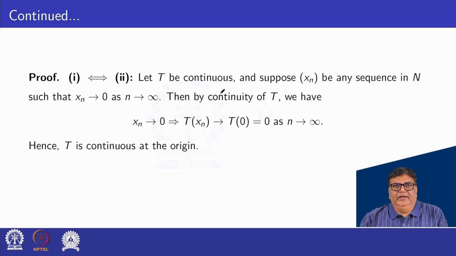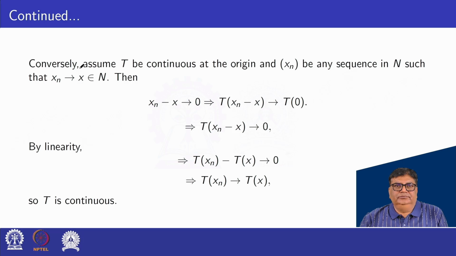Then by the definition of continuity of T, if xn tends to 0, this implies that Txn tends to T0. Since T is linear, T0 is 0. It means Txn tends to 0. Hence T is continuous at the origin.